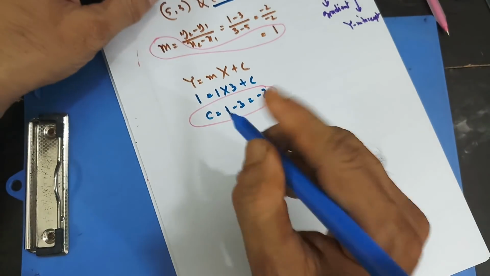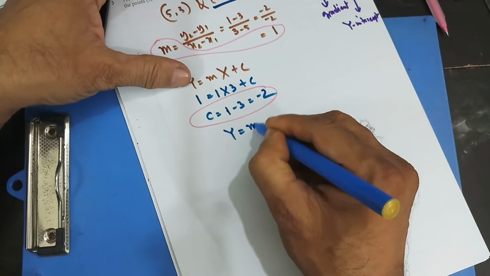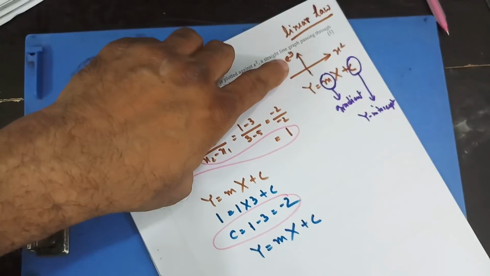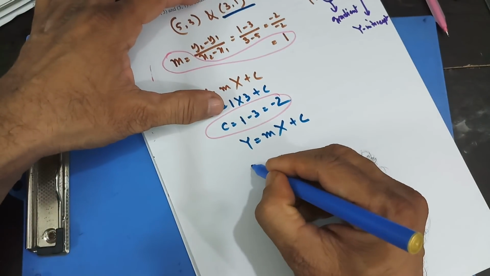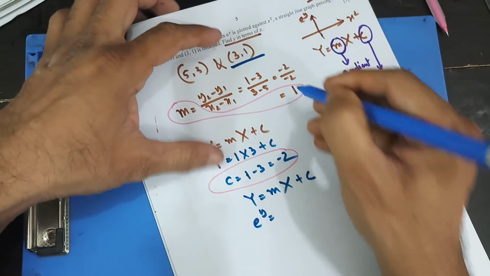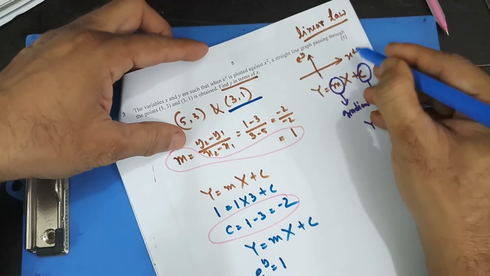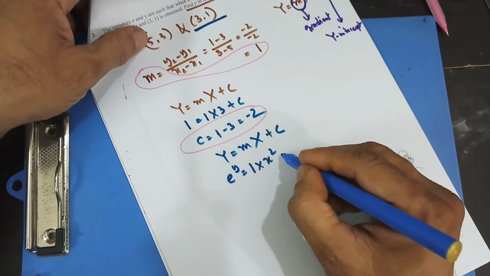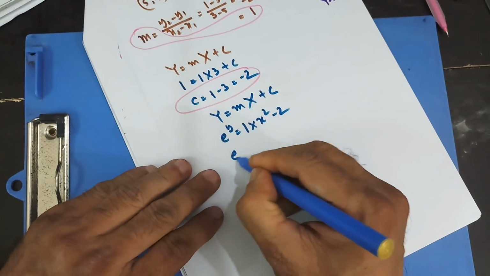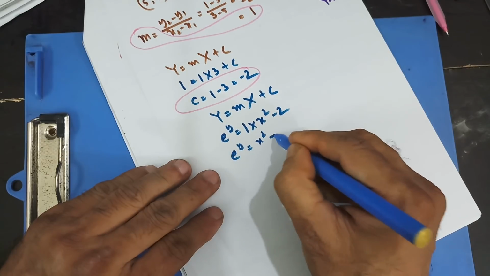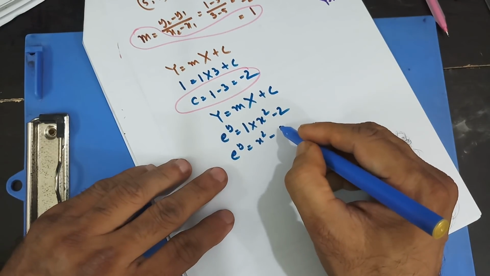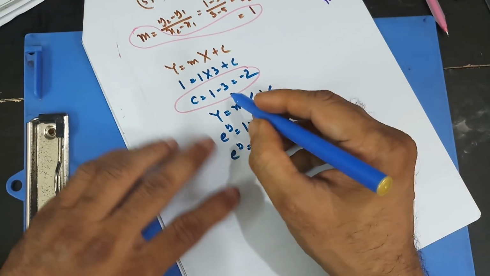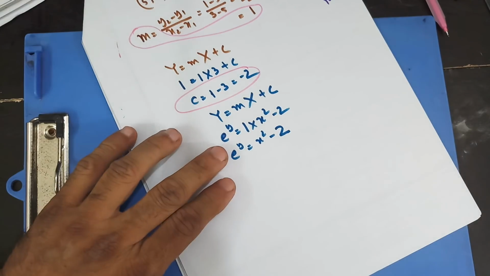Now, what was my equation? It's the linear law equation Y equals mX plus c. Capital Y is e to the power y, m we got 1, and capital X is x squared, plus c which was minus 2. So rewrite that: e to the power y equals x squared minus 2.